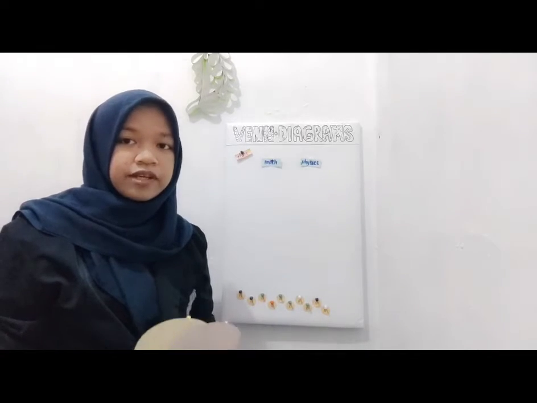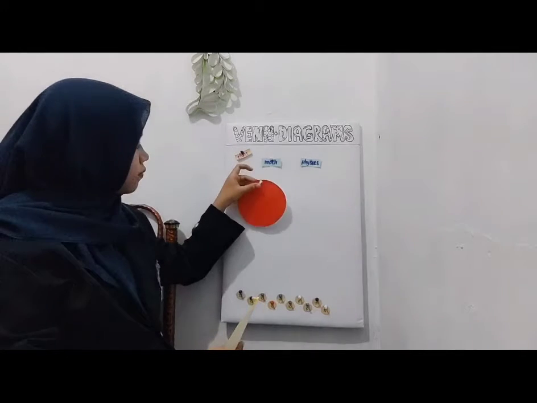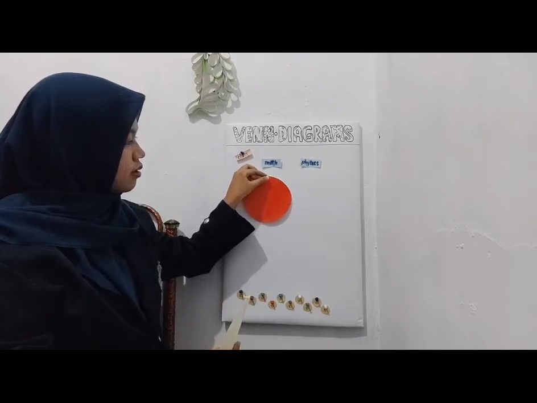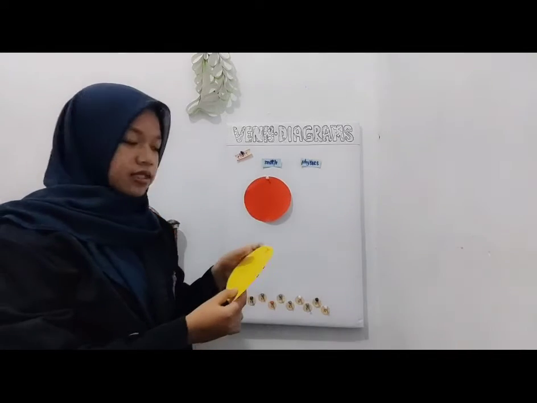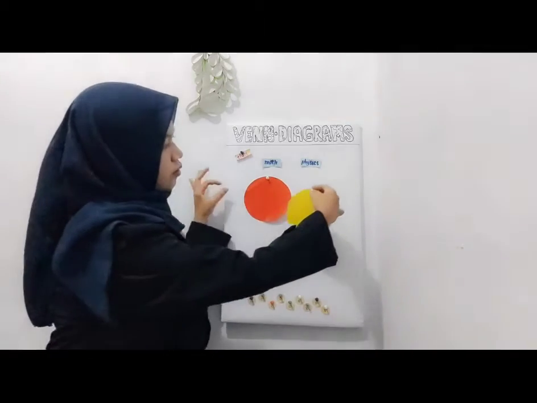We begin by drawing an empty Venn diagram to represent this example. In this diagram, this circle is math, and this circle is physics.